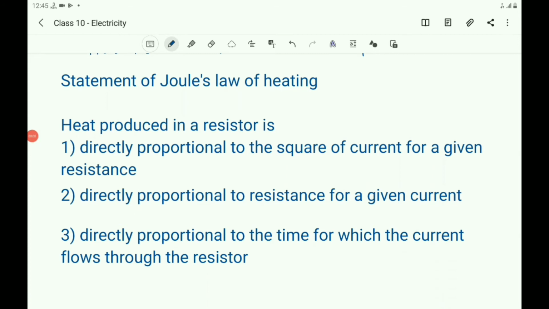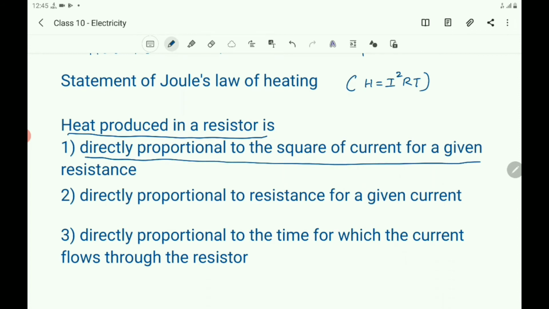Then what is the statement of Joule's law of heating? Symbolically it is H equals I square RT, and heat produced in a resistor is directly proportional to the square of the current for a given resistance, that is I square. Second, directly proportional to the resistance for a given current.